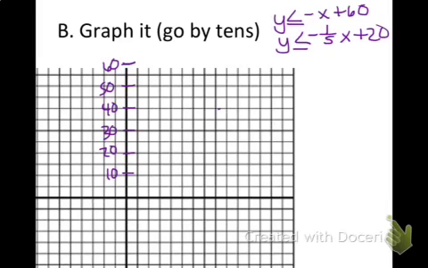Okay, so when I graph it, I go to my y-intercept. I'm doing the first one first. So my y-intercept is 60, and the slope is negative 1. So let me go ahead and label 3, 4, 5, 6.